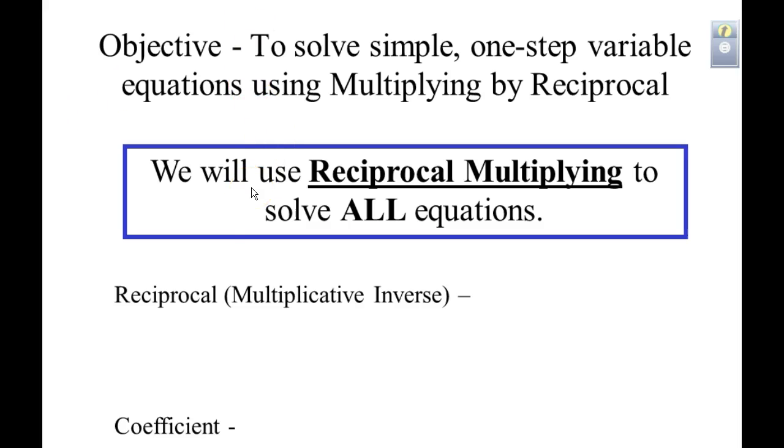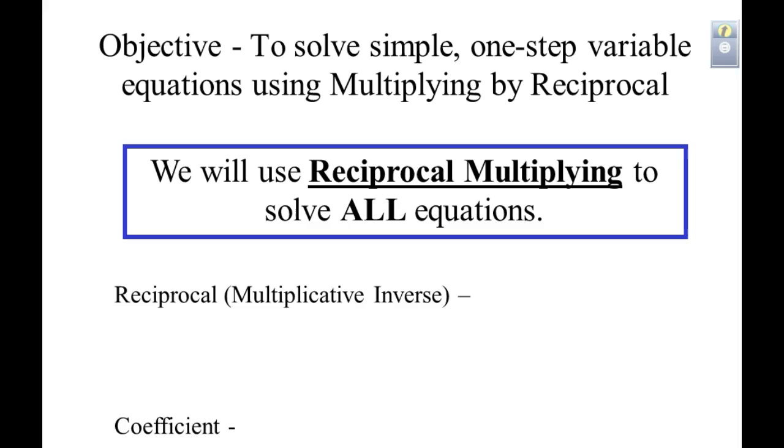So we add and subtract both sides with equations, and you can multiply and divide with equations as well. We're going to try something a little different just so we have this skill down really, really good. So instead of dividing, we're going to multiply all equations by the reciprocal. All of them. So you'll never divide both sides. On this homework, we'll not divide both sides by anything. We'll multiply by the reciprocal.